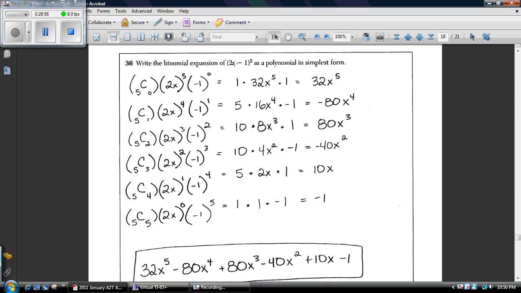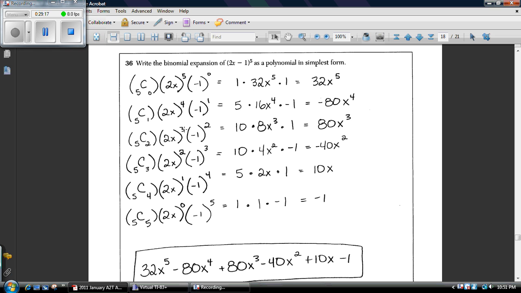Then you take this first term right here, you raise it to the nth power. So 2x to the 5th. And slowly, this power decreases. I always say it trickles over to the right. So you start at 5, that's the first term.